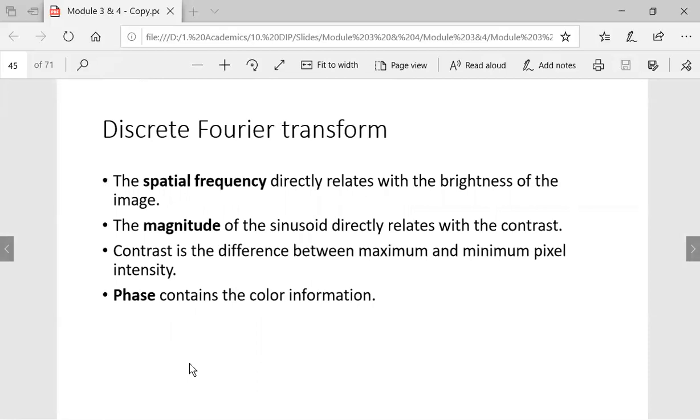Spatial frequency directly relates to the brightness of the image, then magnitude directly relates to the contrast, that is low contrast or high contrast, then phase contains the color information of the image.